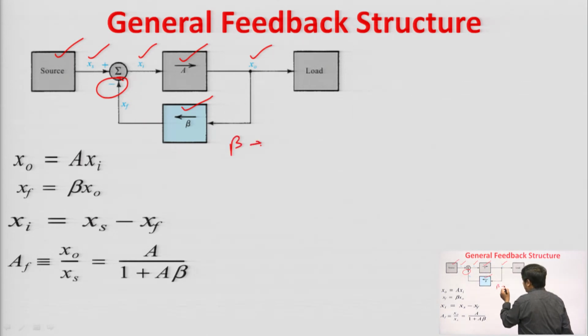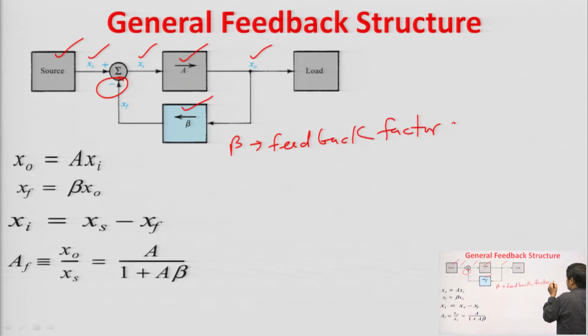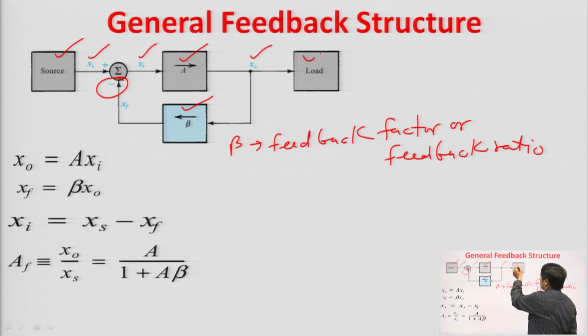This beta is called the feedback factor or feedback ratio. This is the load across which we get the output.